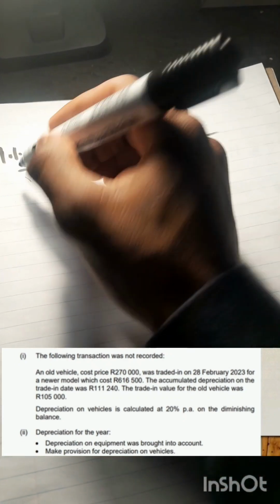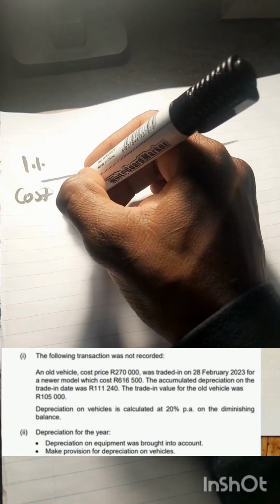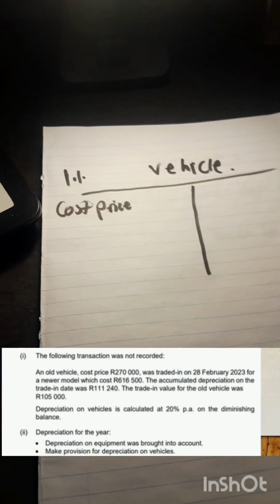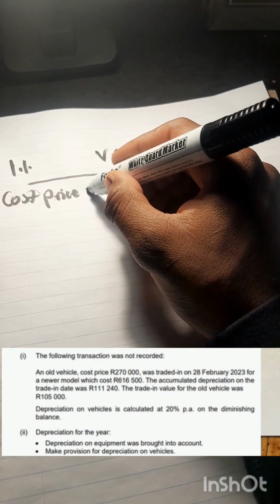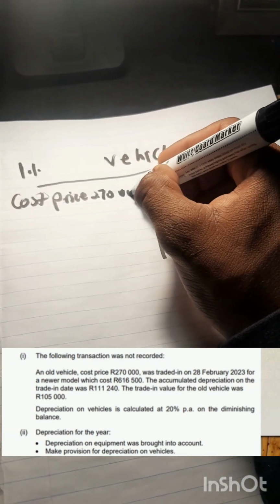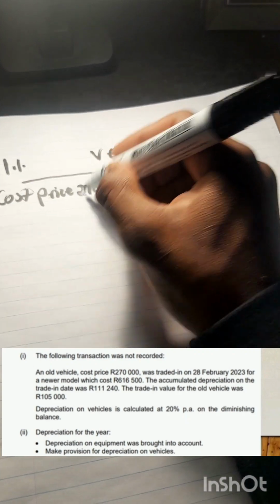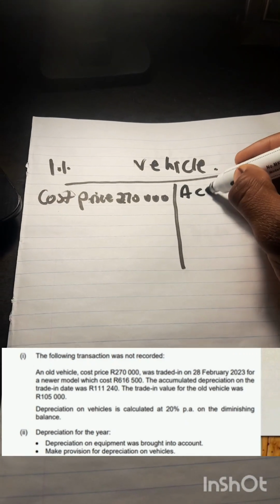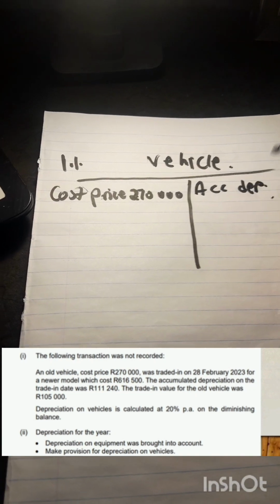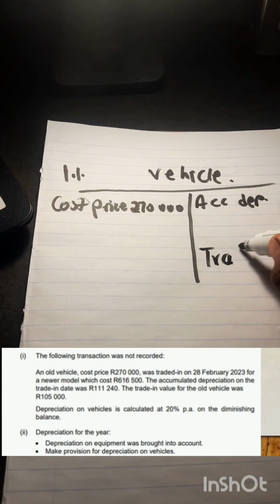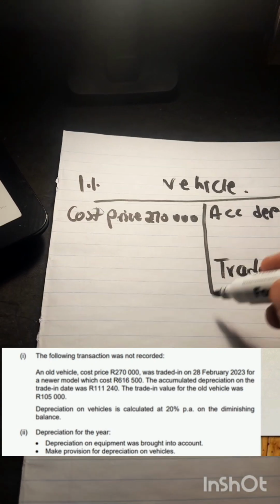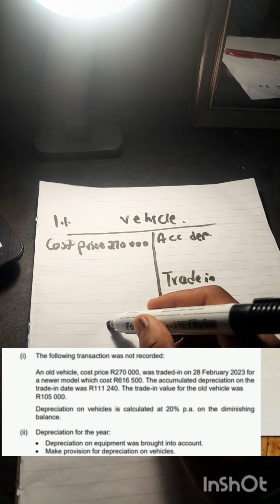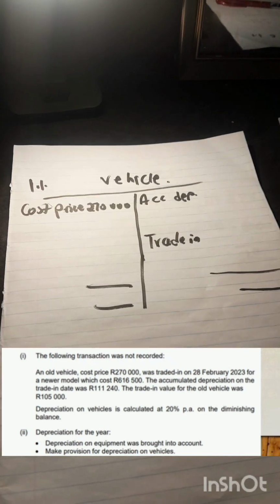So here we have cost price. How much was the cost price? 270,000. Here we also have accumulated depreciation, and here we have the trade-in.